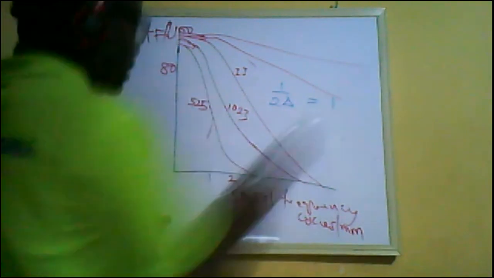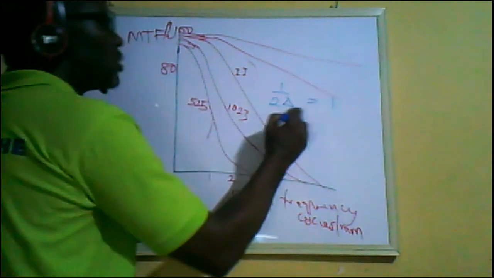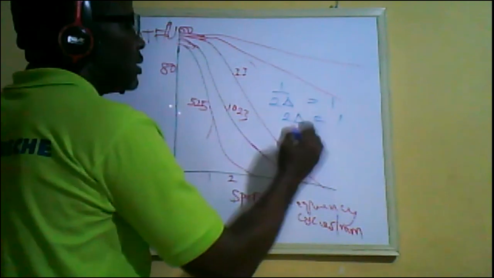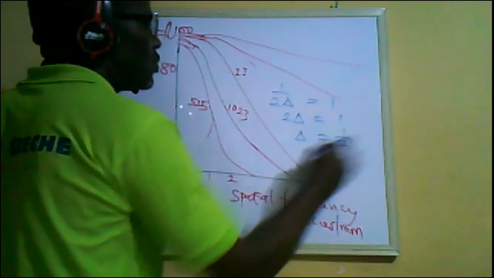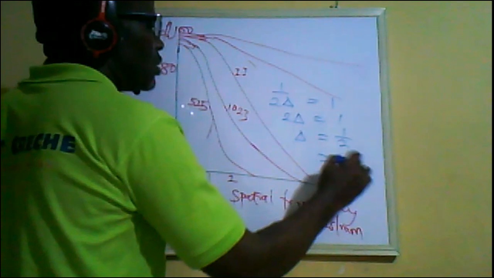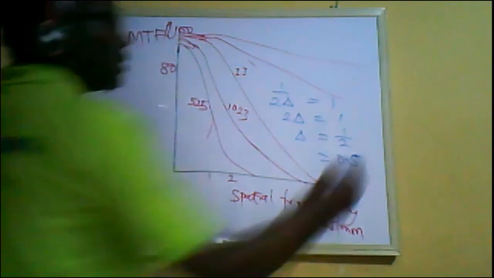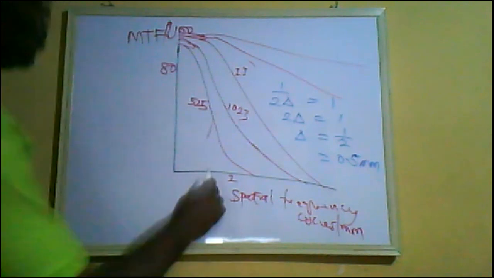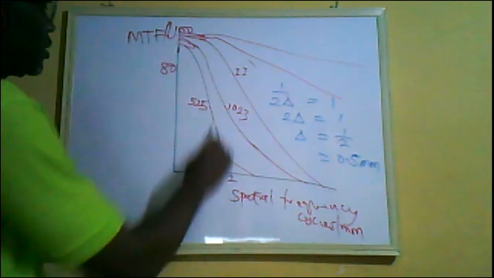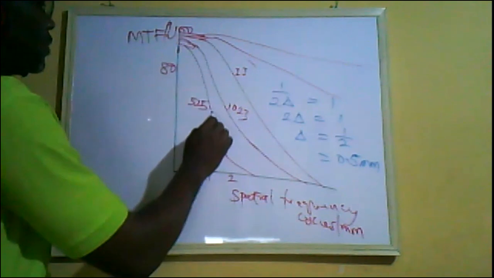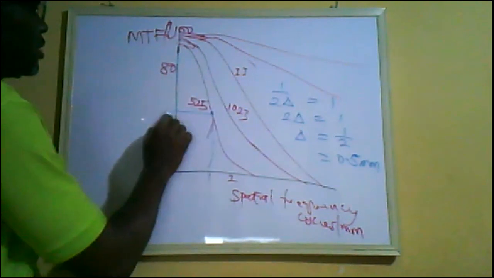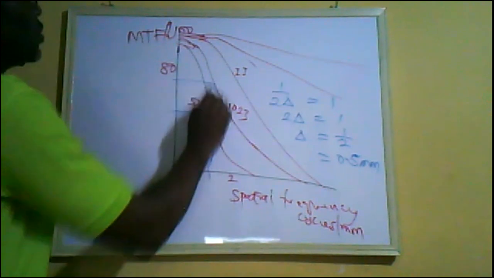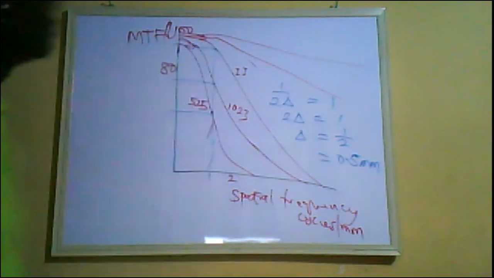So if we have a spatial frequency of 1, 2 delta times 1 is 1, and delta is 1 over 2, which is 0.5 millimeter. So for this 0.5 millimeter, the MTF is this value here. For this one, the MTF value is this value here.